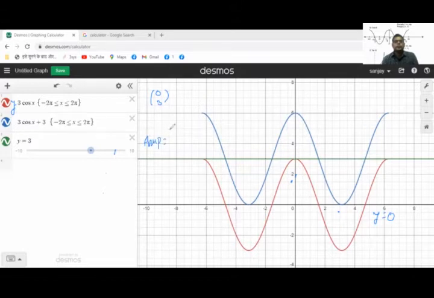Amplitude equals y max minus y min, that means the maximum and the minimum value for 3 cos x plus 3, divided by 2. In the graph, if you read off, this is a minimum and this is also a minimum point, so these are happening at y equals 0. So the minimum point is y equals 0, and the maximum point you see here is 6.